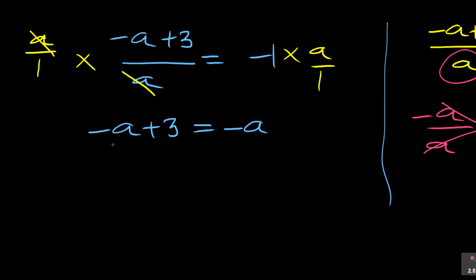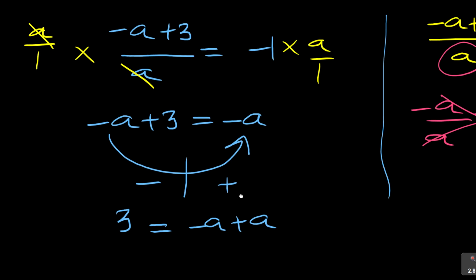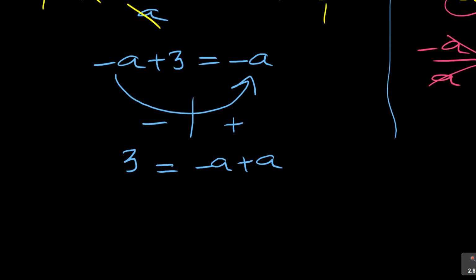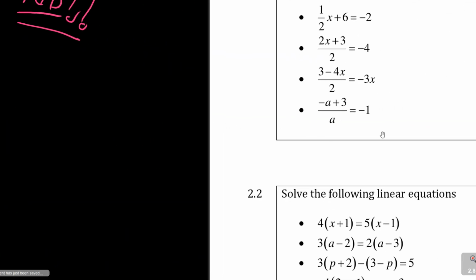Negative a goes this way. It was negative, it becomes positive. So you're left with 3 is equal to minus a plus a. But minus a plus a is 0. So here 3 is equal to 0. So there is no solution here. So this was kind of an error question, this one.